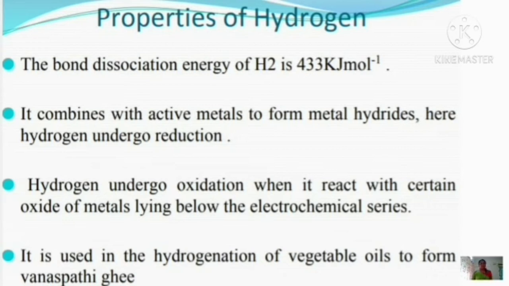Initially hydrogen has the 0 oxidation state, and it gets converted into water when it reacts with copper oxide. In that water, the hydrogen oxidation state is +1. So the hydrogen oxidation state is changing from 0 to +1. That means it undergoes oxidation, and that means hydrogen is acting as a reducing agent in this reaction.